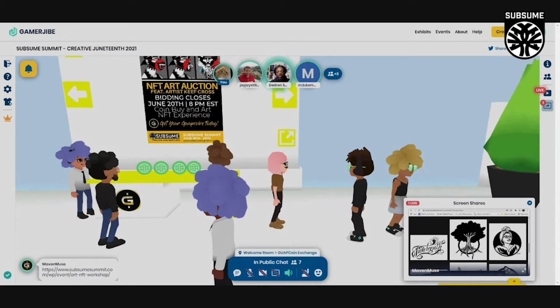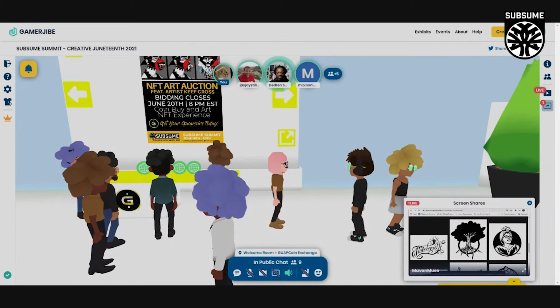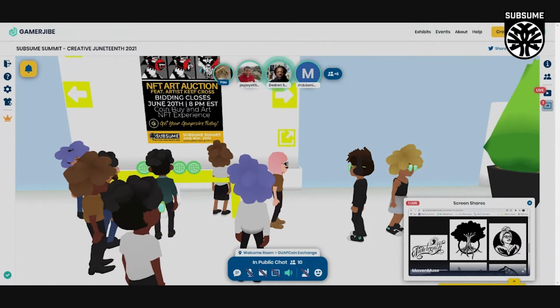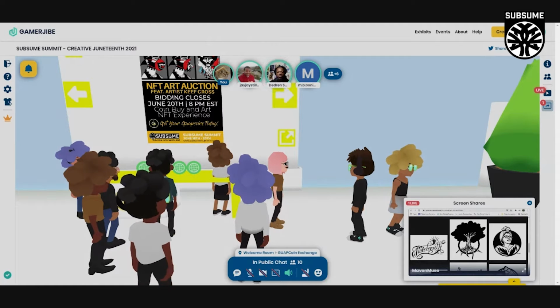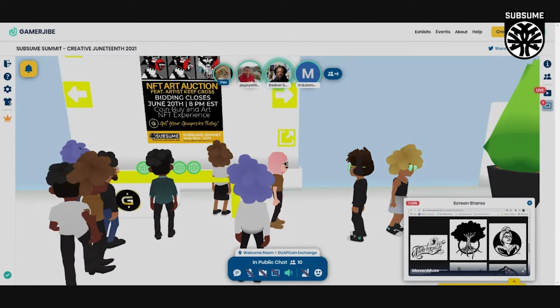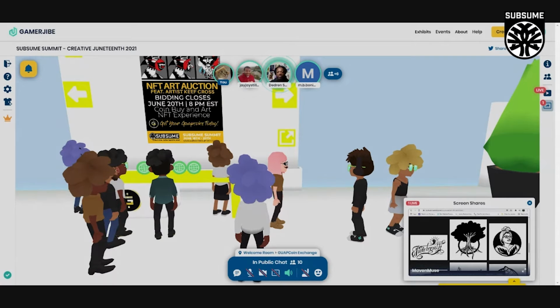We still need to finish building up the auction space itself, but we encourage you to make your transactions for your GuapCoin, so that still is your entryway into the auction. From there, you'll be able to see all 6 pieces of the art from acclaimed artist Keith Cross. We'll keep things going here for the chat and the conversation as far as bringing yourself to our Guap family.